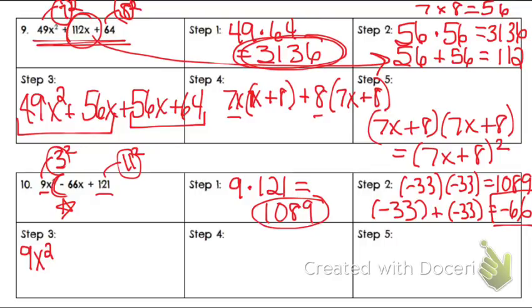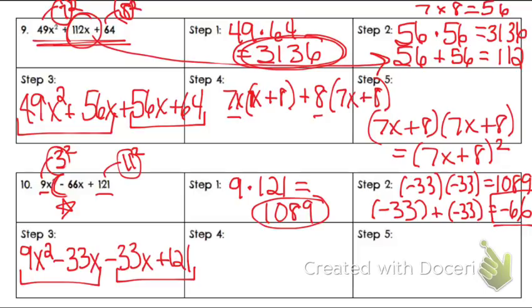All right, so now I can rewrite the equation: 9x squared minus 33x minus 33x plus 121. I'm going to break that into 2 separate little equations. Factor out a greatest common factor for this first one. The biggest thing I can get out of both of those is a 3x, and it's going to be times 3x minus 11, minus, I can take an 11 out of each of these.